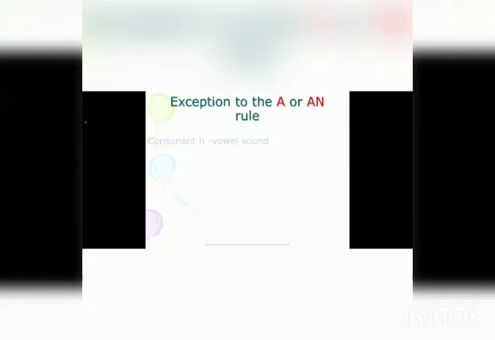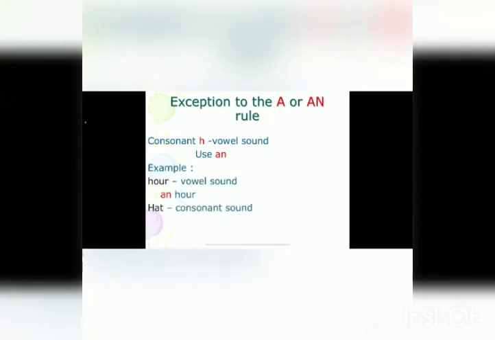For example, in the word hour, the H is silent and it begins with the vowel sound A. So we use an before such words. However, the word hat also begins with consonant H, but here the H is sounded as H. So it has a consonant sound. So we use a before hat and we say a hat.